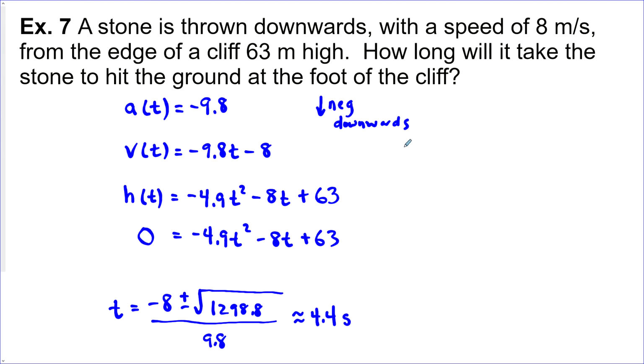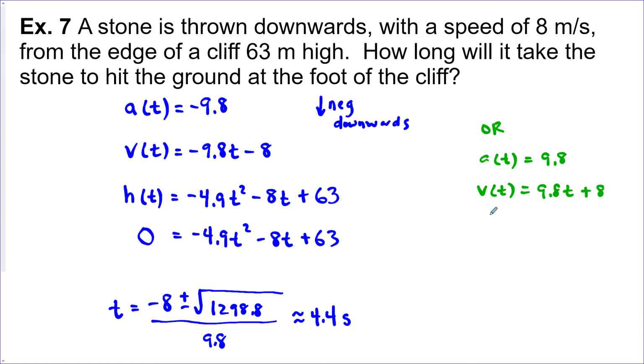Now we set this up again with negative being downwards, but that doesn't have to be the case. Math doesn't really care about conventions, so we could have set it up saying that our acceleration is positive. Our velocity would then be the antiderivative of this, so 9.8t plus 8, because these are both working in the same direction.